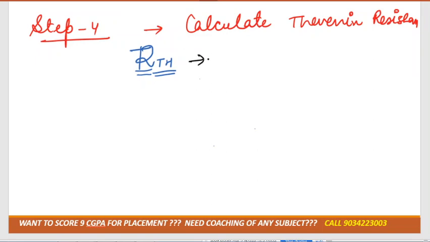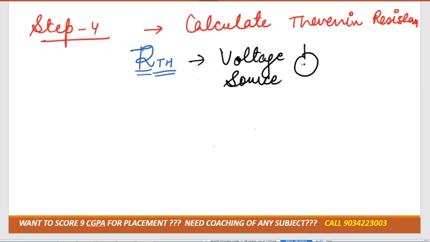He gave some rules: if there is a voltage source, it should be a short circuit.